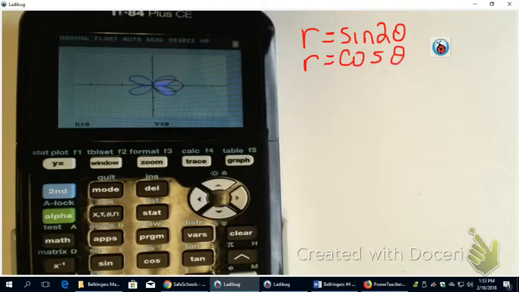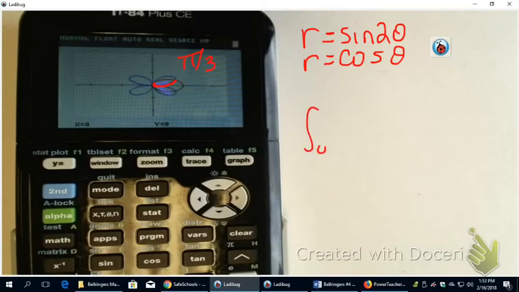So if I press trace and try to figure out my angles, if I start with the petal one, then 0 would start here in the center, and then it'll intersect the circle right there at pi over 3.